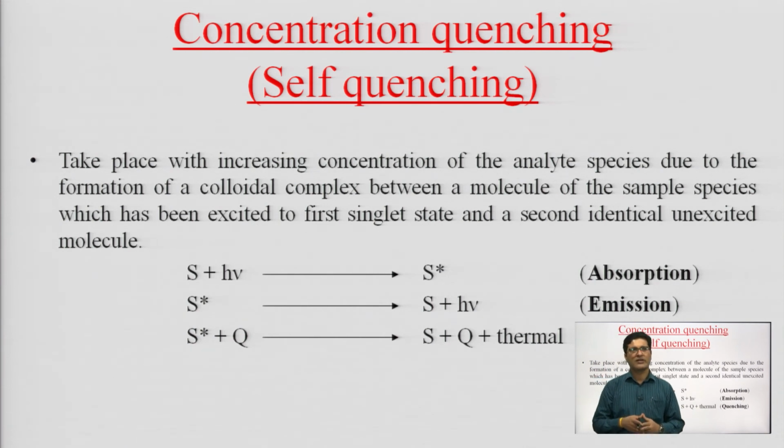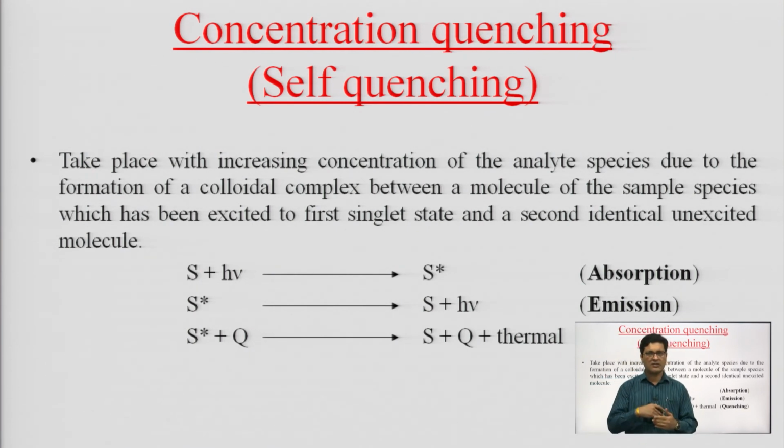This mainly takes place with increasing concentration of the analyte species due to the formation of a colloidal complex between a sample molecule that has been excited to the first excited singlet state and a second identical unexcited molecule.